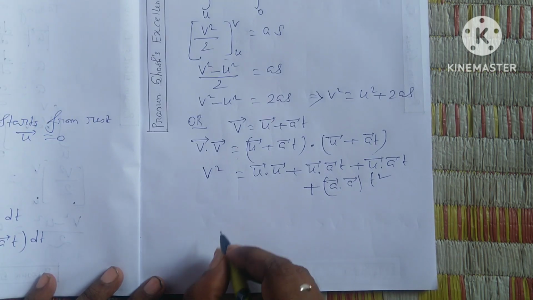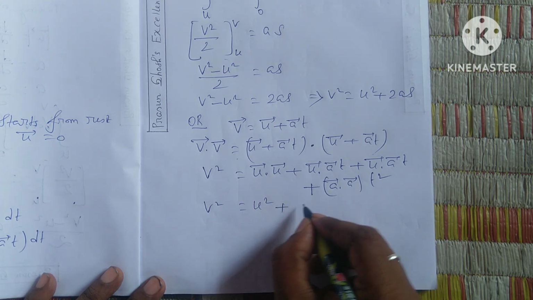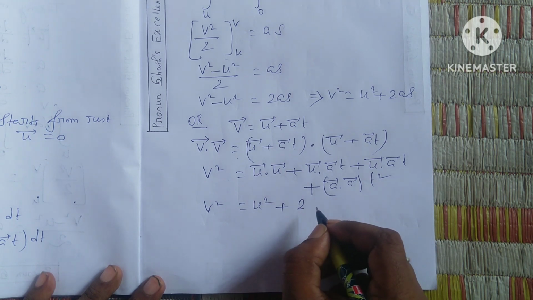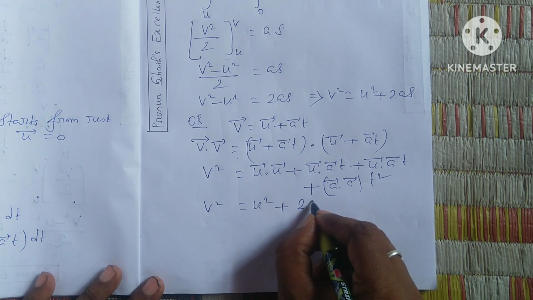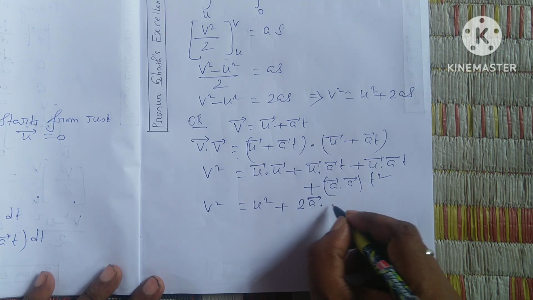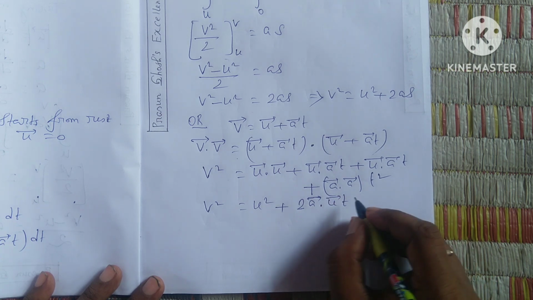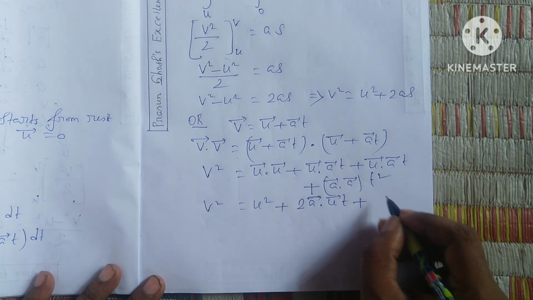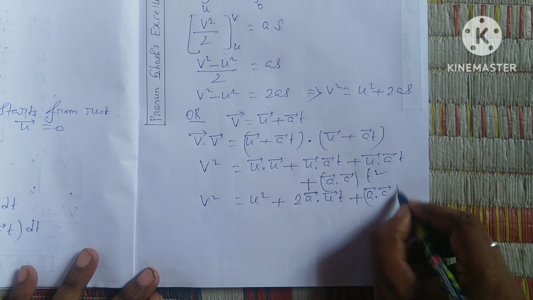So we can write v square equals u square plus 2a dot ut plus a dot a t square.